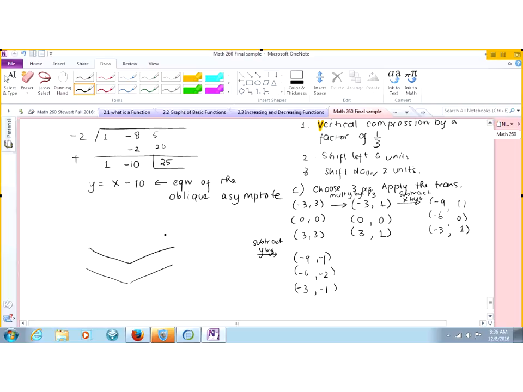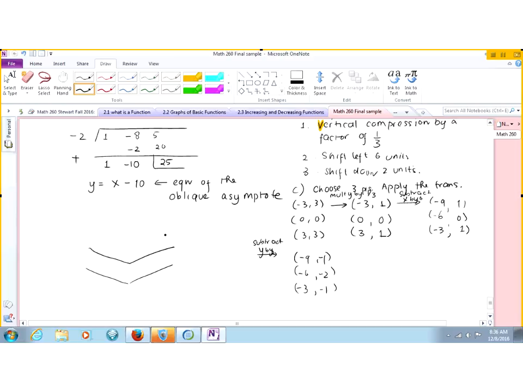Absolute value is a V. All right. Now, the next one, chapter 4, is logarithmic and exponential equations and applications.